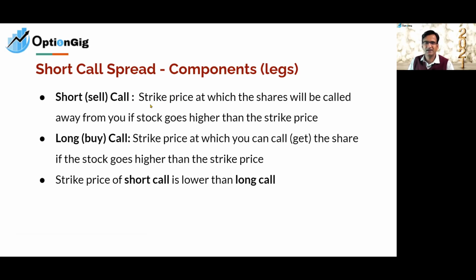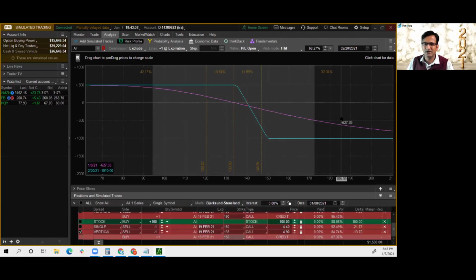definition. If you are selling a call, it means you are giving someone else a right to get the shares from you, to call the shares from you. And if you're buying a call, you're getting a right to buy. So if the stock goes to 180, whoever has sold a call will be assigned at 135.